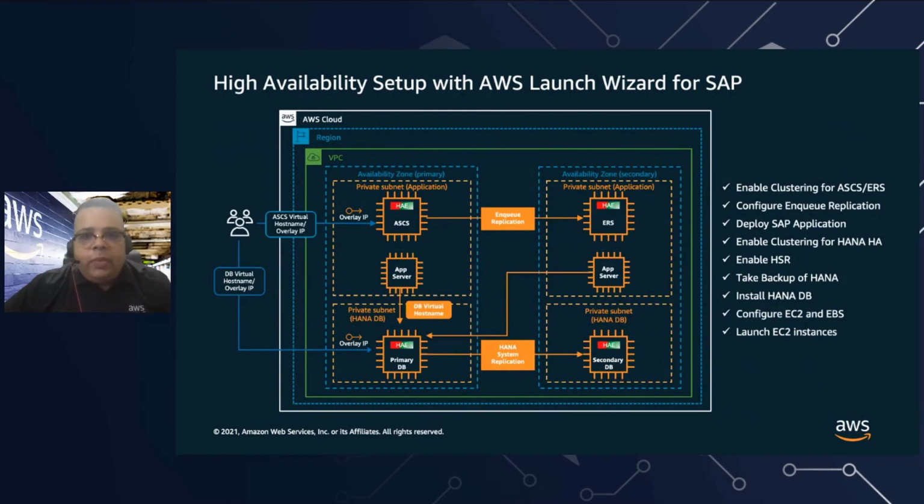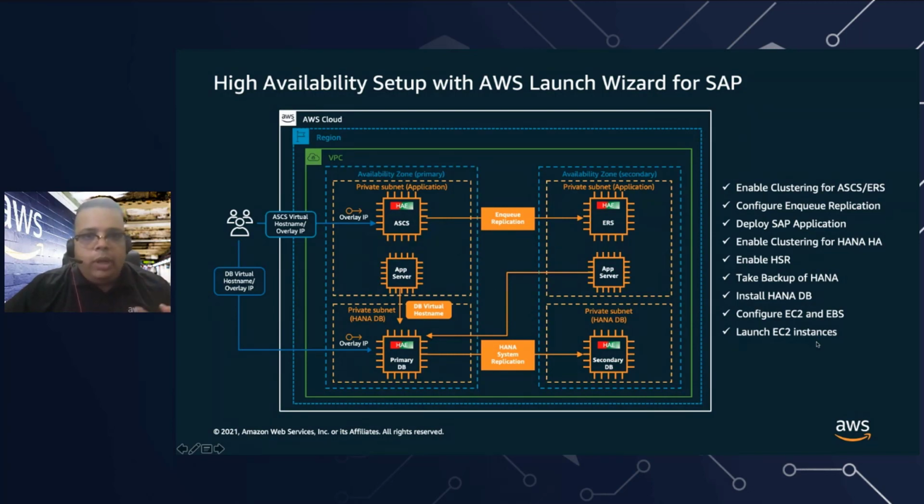So like I said earlier, AWS Launch Wizard can also configure Red Hat and SUSE clustering for high availability at the SAP application layer, as well as the HANA database layer. HA deployment setup will configure the cluster resources and build a highly available application that spans multiple AZs. So now this is what we are going to do today. We will launch the EC2 instances.